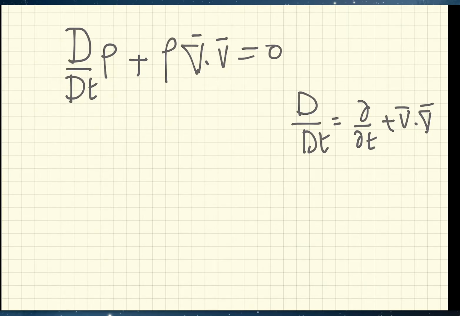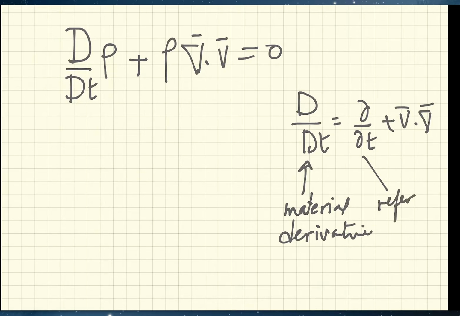We are going to use the material derivative with the capital D. And we note that if we have a stationary frame of reference, then the material derivative is the same as the reference frame time derivative.